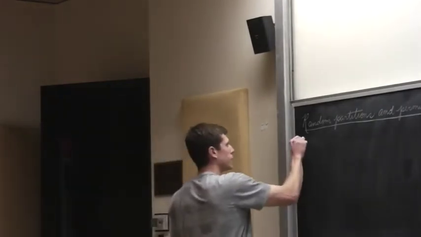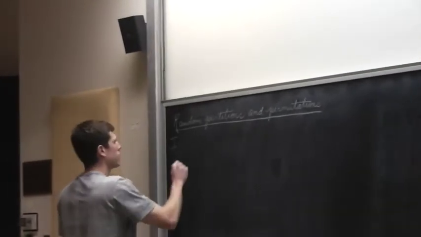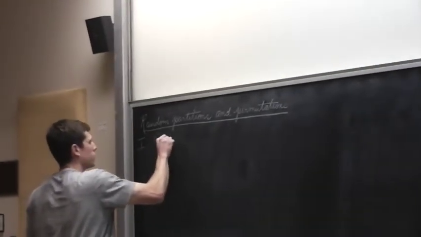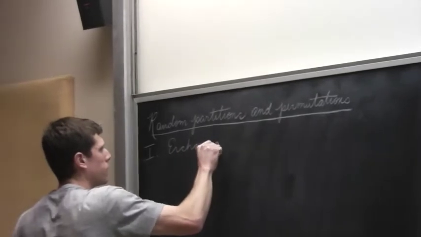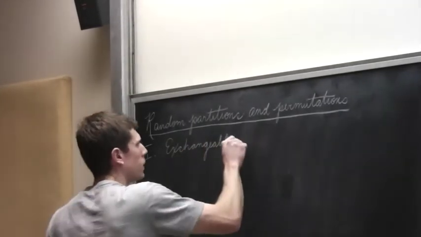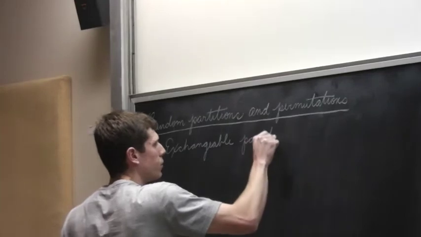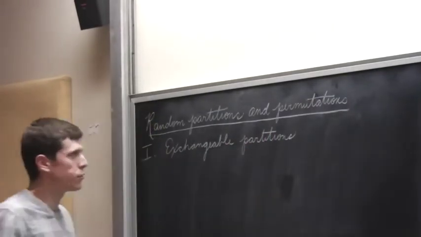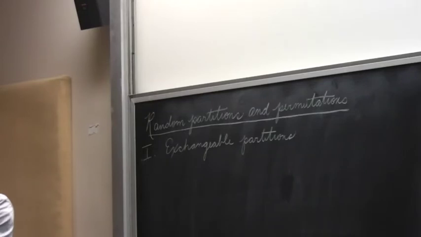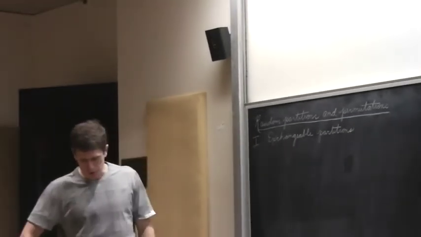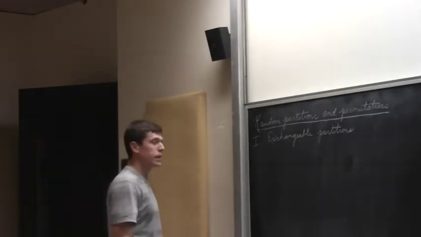So I'll break the talk up into two parts. The first part, I'll talk about partitions. When I say the word partition, I mean set partition, a partition of a set. I know there have been a lot of talks this semester about integer partitions, and I won't talk about those. When I mean a partition of an integer, I'll say integer partition specifically. In this case, I'm interested in partitions with a special property called exchangeability that I'll explain in just a bit.